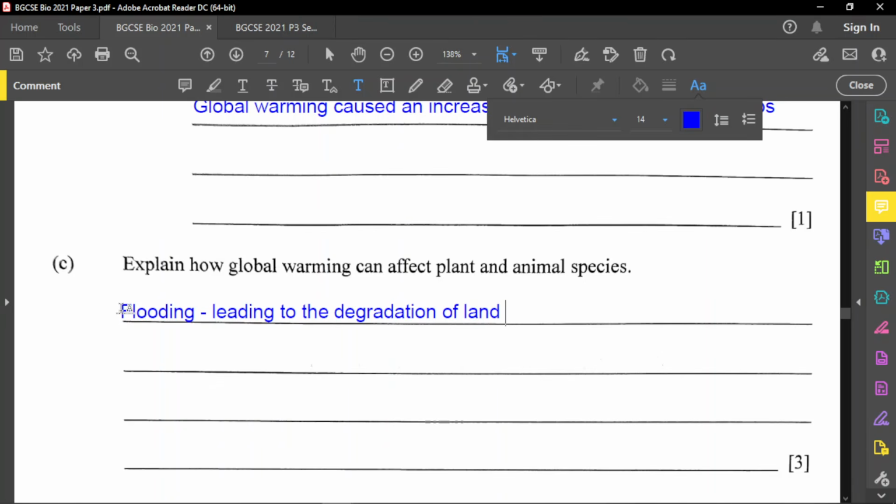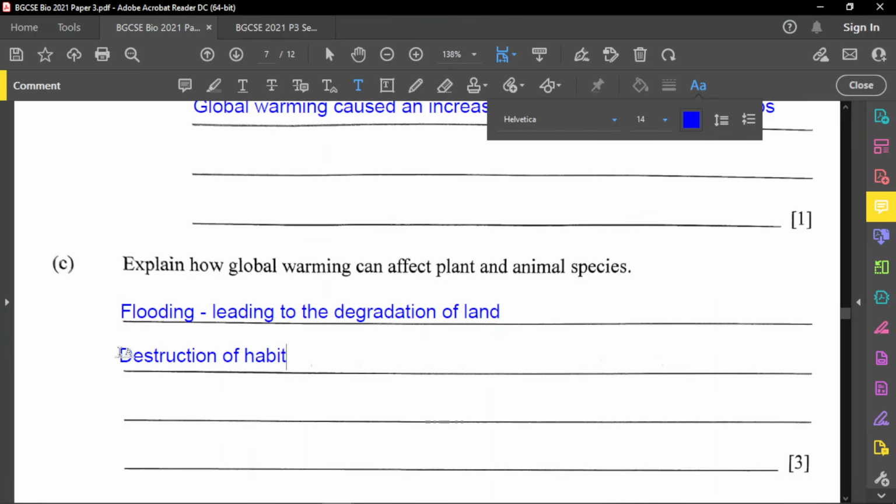The next point we could think about is the destruction of habitat.